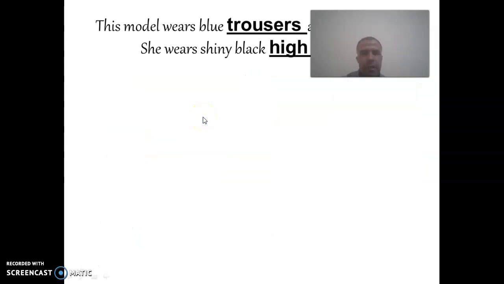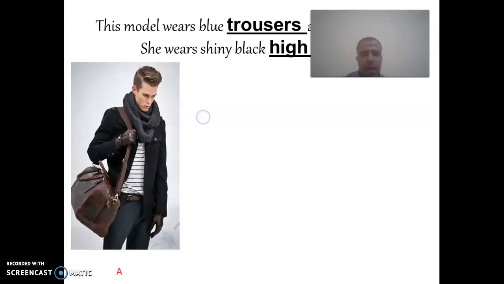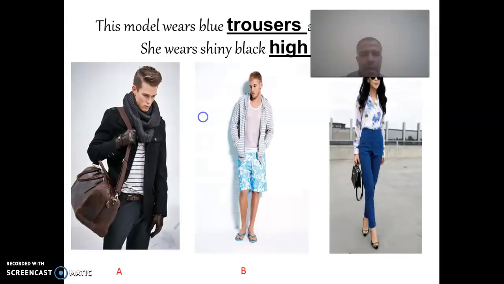The next slide is this model wears blue trousers and a blouse. She wears shiny black high heels. A, B, C. And obviously, because we say high heels, these are shoes that are high and that only women wear. C, correct.